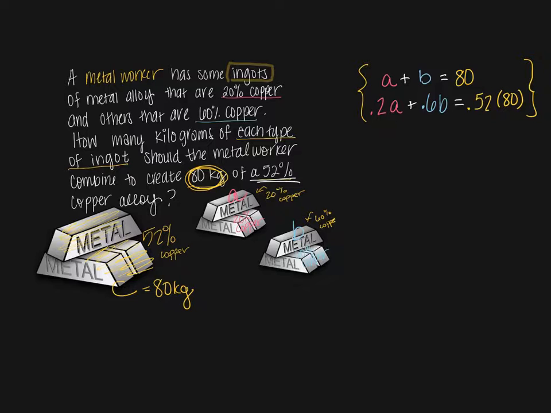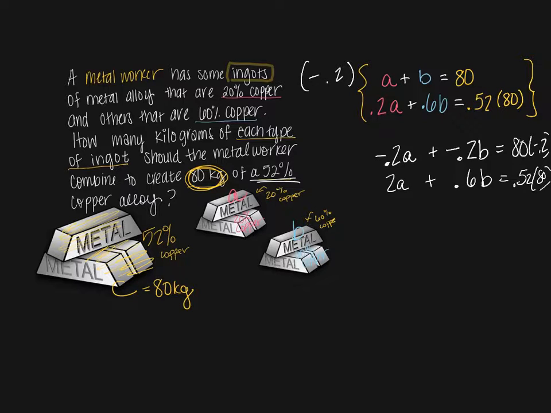It's not too hard. I could multiply my top one by negative 0.2, and I'll end up with negative 0.2a plus negative 0.2b equals 80 times negative 0.2. And to that I can add 0.2a and 0.6b, and that equals 0.52 times 80, whatever that is.